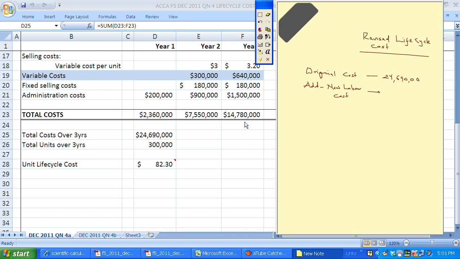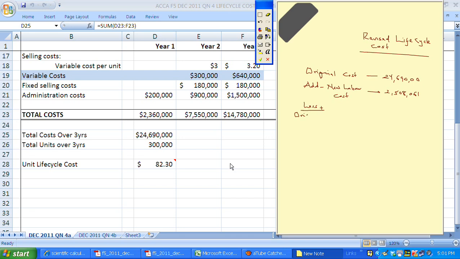The new labor cost, which we've just been computing, is 2,508,061. You can rewind and see that it is the 1. Then less the original labor cost.